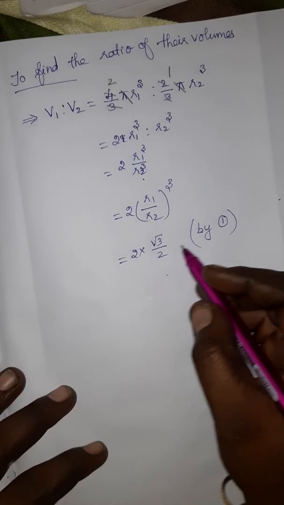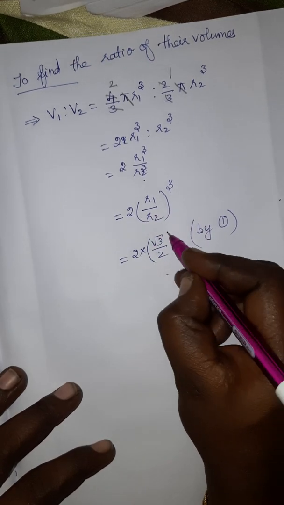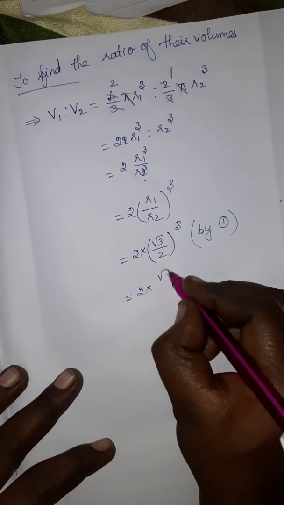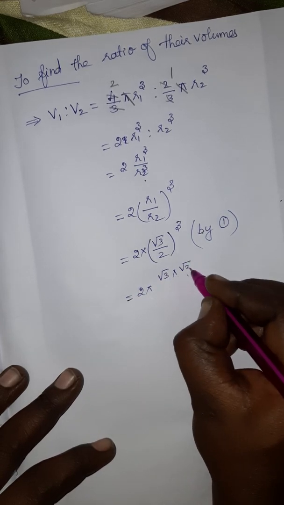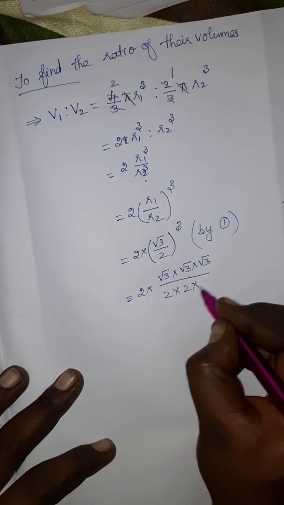Here we have r1 by r2 the whole cube, no? So this is 2 into root 3 by 2 the whole cube, which is equal to 2 into root 3 into root 3 into root 3 divided by 2 into 2 into 2.